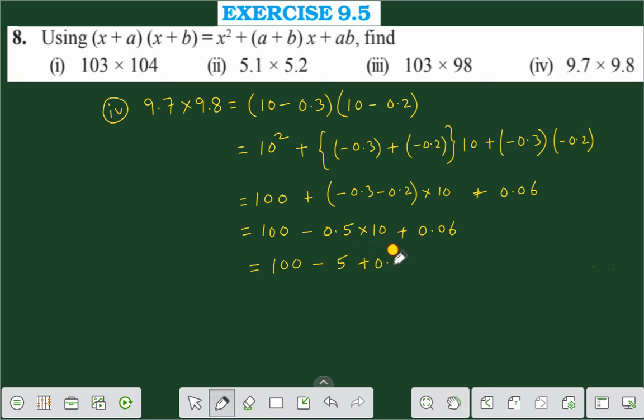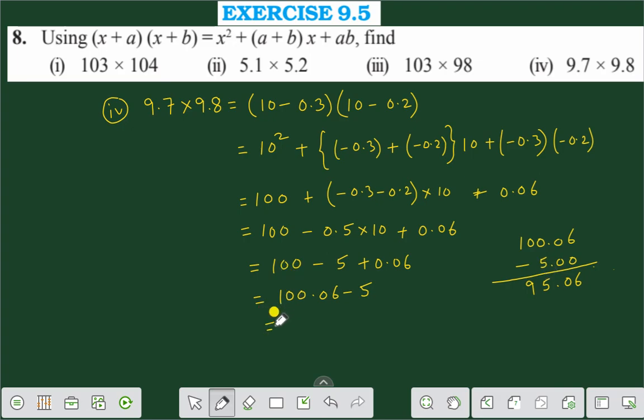Then we are getting 100.06 minus 5. We subtract this, and we are getting 95.06.